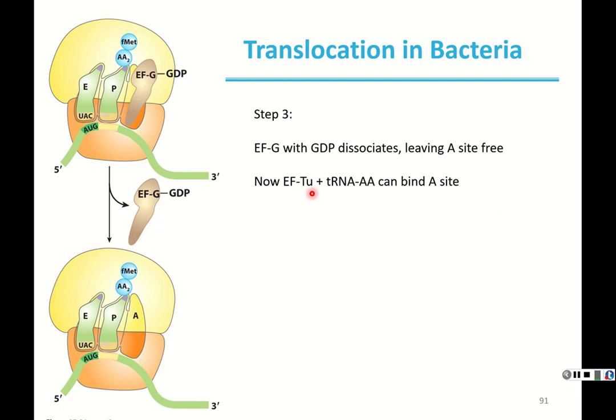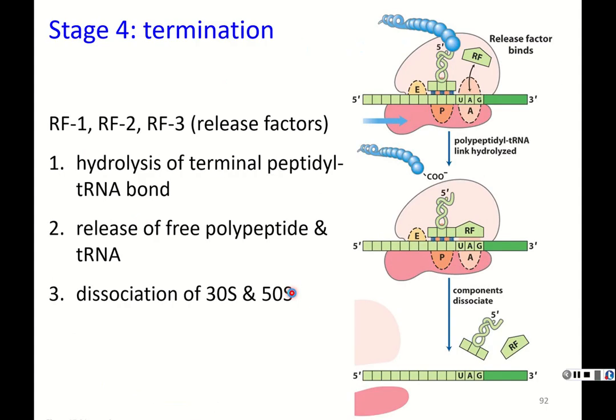Right, and so now that EFG with GDP bound can dissociate, and it leaves that A site free. So now you can start that whole process over again.